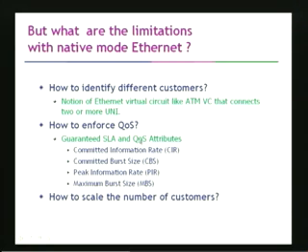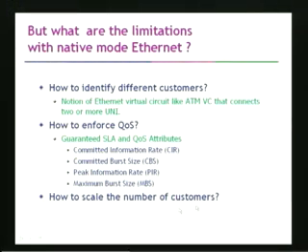These are the typical quality of service attributes available in an ATM based network, but in an Ethernet based network, being a best effort network, it was not possible to give quality of service guarantees. Then the last question, of course, is how we can scale the number of customers, how we can address the number of customers using an Ethernet based network.